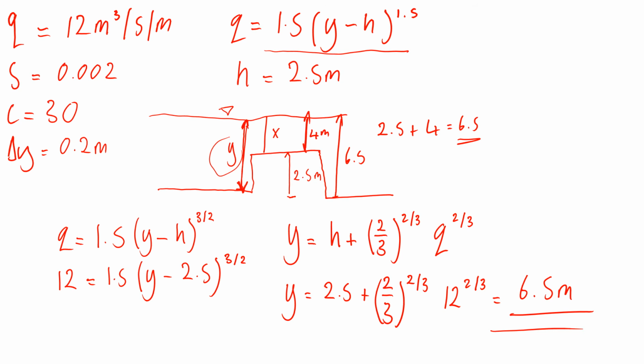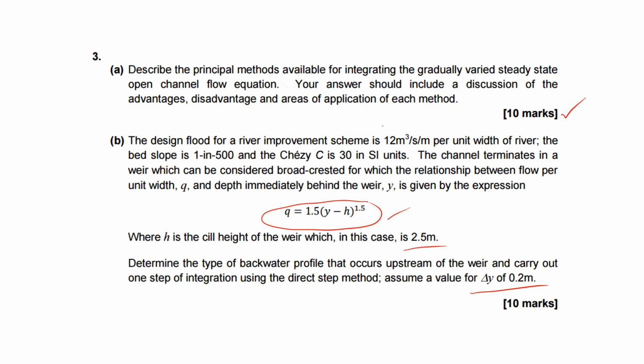Now, I've had questions from students regarding the table in the solution. There's a slight error in this question: it should say that the channel is wide, but it doesn't.